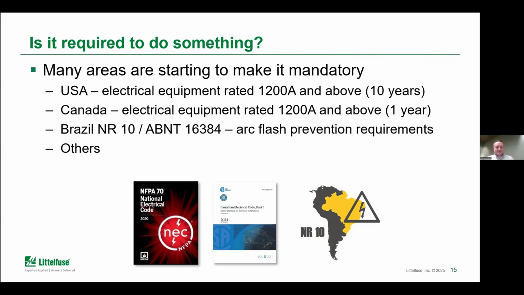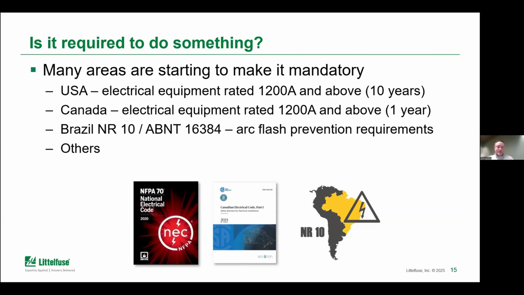There's a few places that are starting to make it mandatory in the electrical code. So in the US, it's been that way for 10 years. And in Canada, just recently, 1 year ago, adopted the same requirement that any system 1,200 amps or greater does require some form of arc energy reduction.